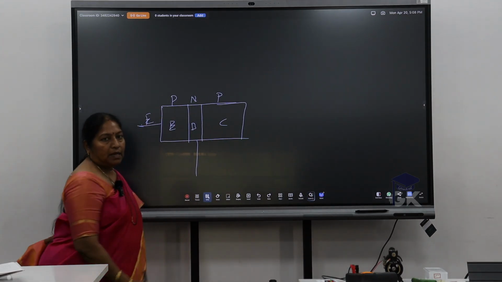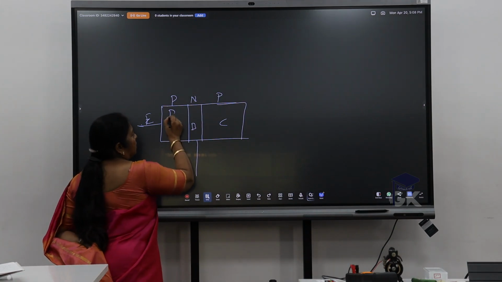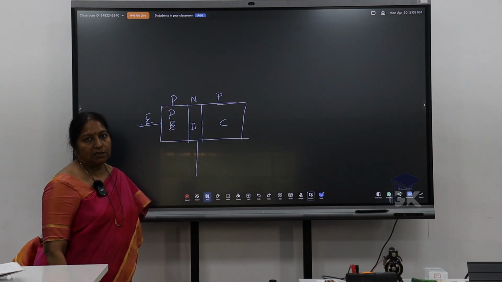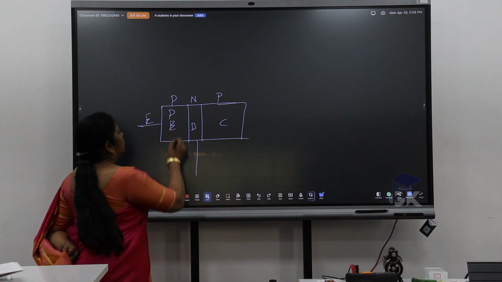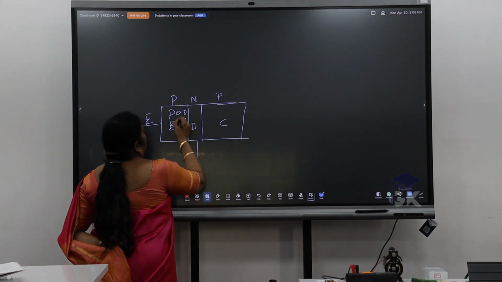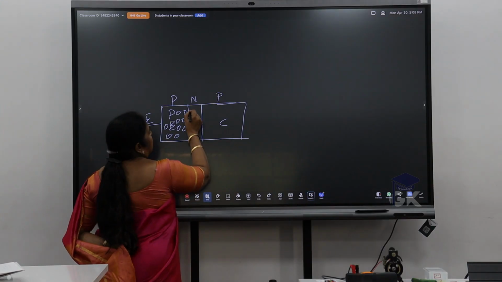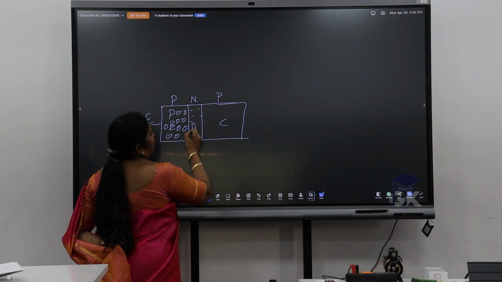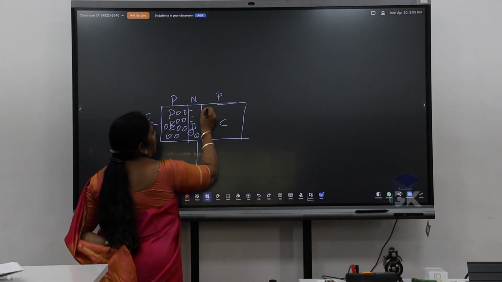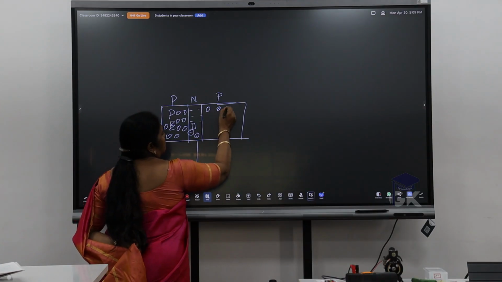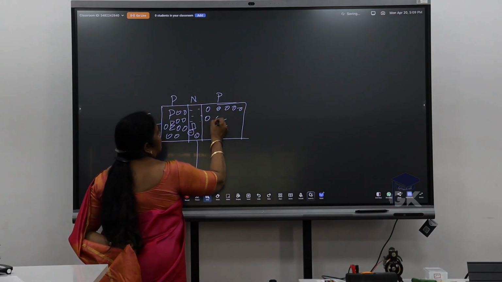Now, since it is a P-type semiconductor, which are the majority carriers? Holes. Here we have electrons as the majority carriers, and here again holes. How do the holes conduct?